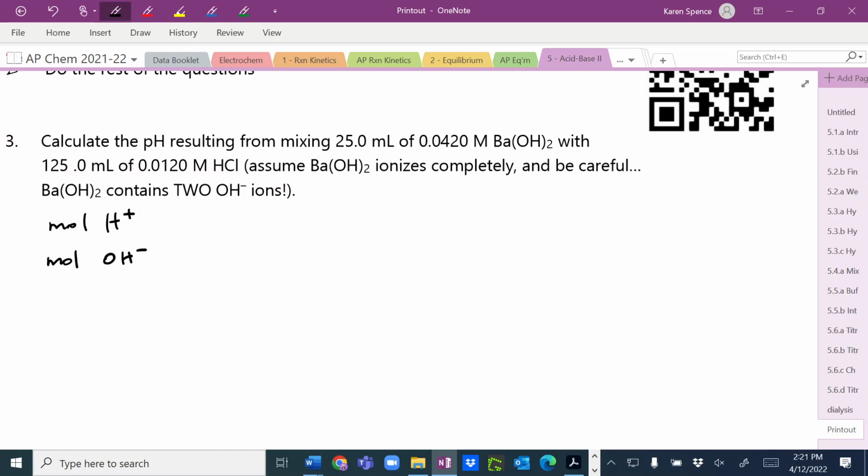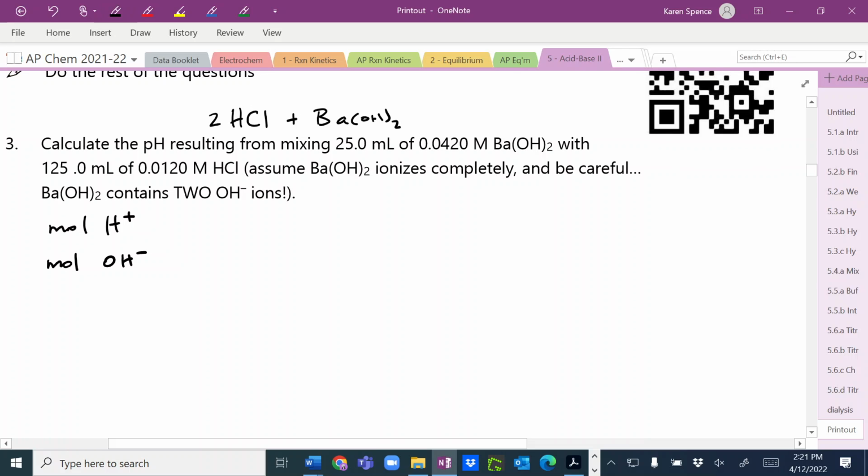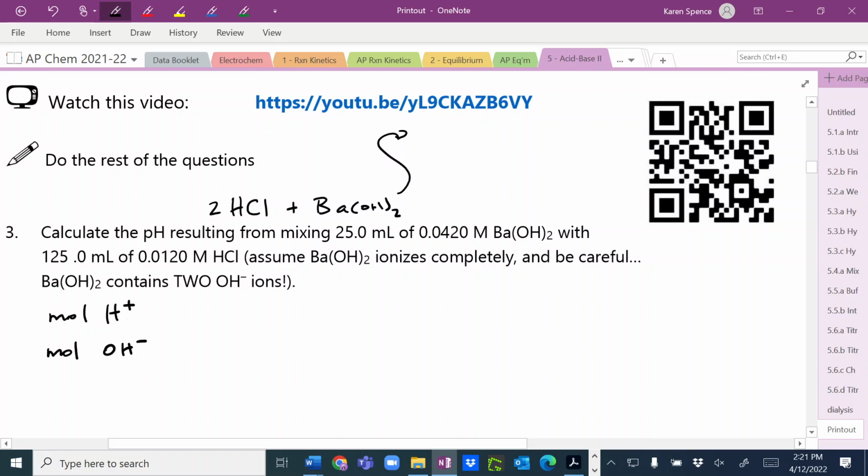Kind of? Okay, so we could either go through the whole process of saying I have 2HCl plus Ba(OH)2. I would find my moles of HCl. Actually, I would find moles of product from each to determine the limiting reactant.